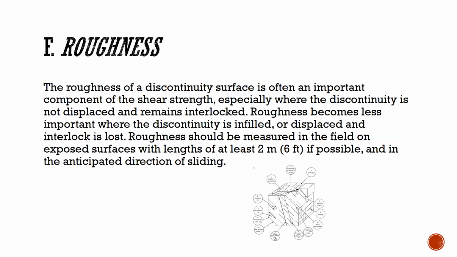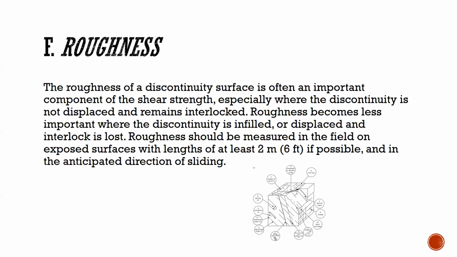Another is roughness. In between the joint set, in between the two joint planes, how much waviness structure is there? That is the roughness. That roughness is going to give a frictional resistance. And due to this frictional resistance, there would be a shear resistance. So while there is a movement along the weakness plane, the shear resistance due to this roughness will resist the movement.